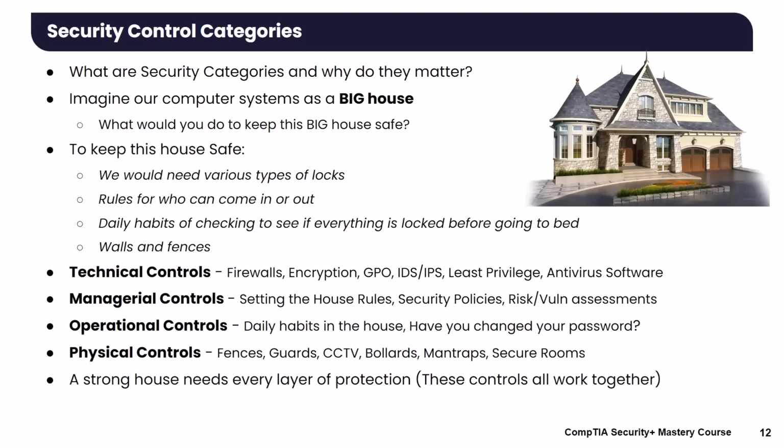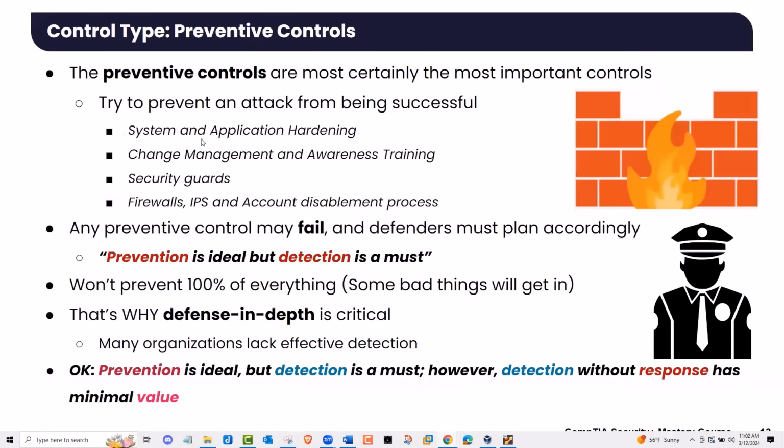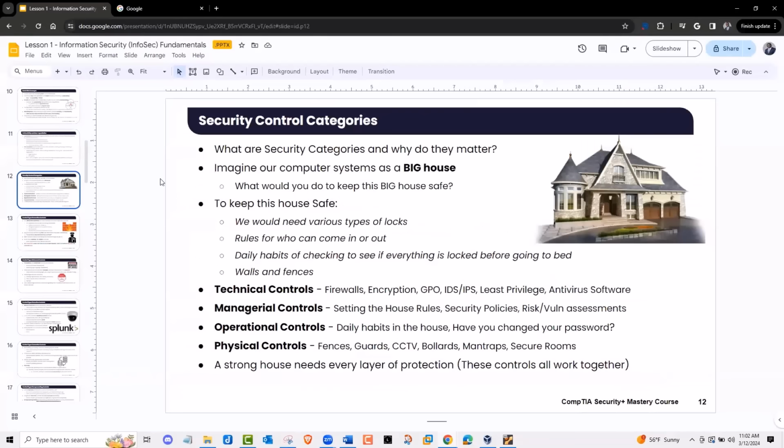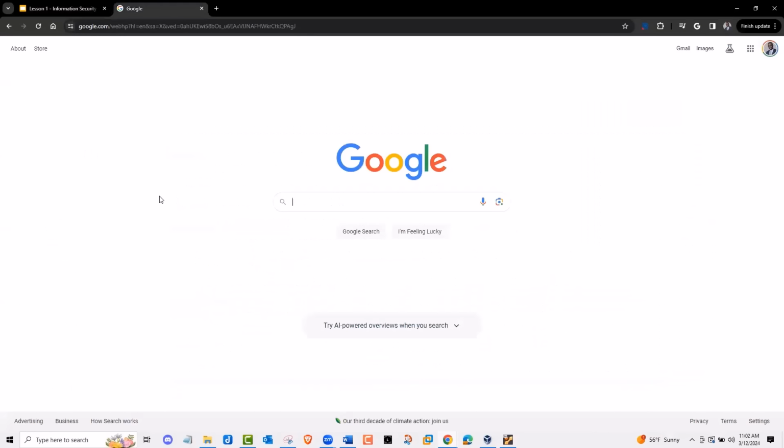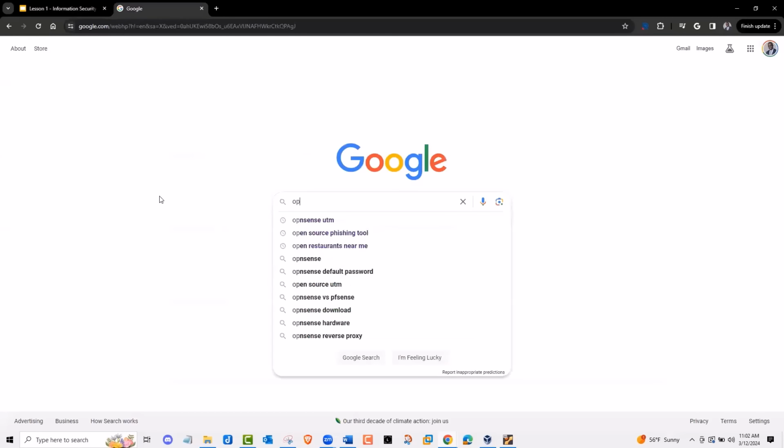There's not a single box that can protect us from all the threats. Well, in fact, that box does exist. If we go to Google right now and search for something like UTM, there's this thing known as UTM, Unified Threat Management Systems. There's one known as OPNsense UTM.